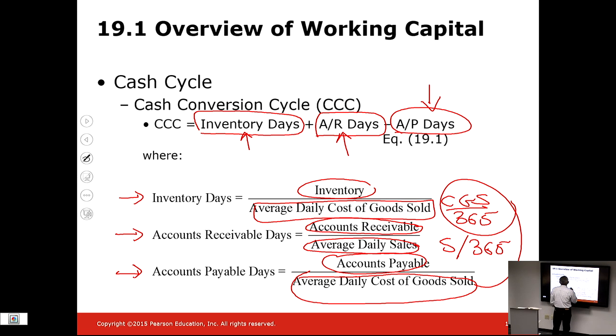So typically, what we would like to see for a firm is that inventory days and accounts receivable days are as short as possible, and the accounts payable days are as long as possible. That will give us the shortest amount of time for cash conversion. We would like it to be as short as possible.